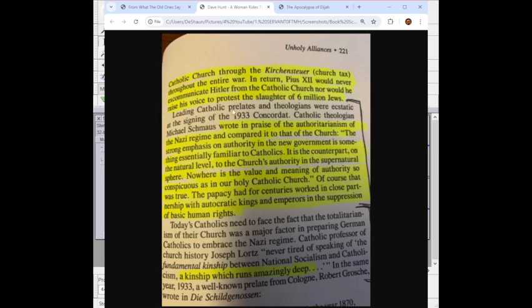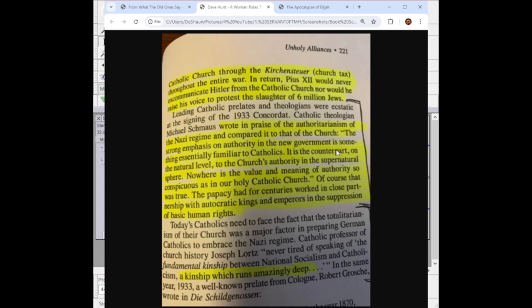Leading Catholic prelates and theologians were ecstatic at the signing of the 1933 Concordat. Catholic theologian Michael Schmaus wrote in praise of the authoritarianism of the Nazi regime and compared it to that of the Church: "The strong emphasis on authority in the new government is something essentially familiar to Catholics.